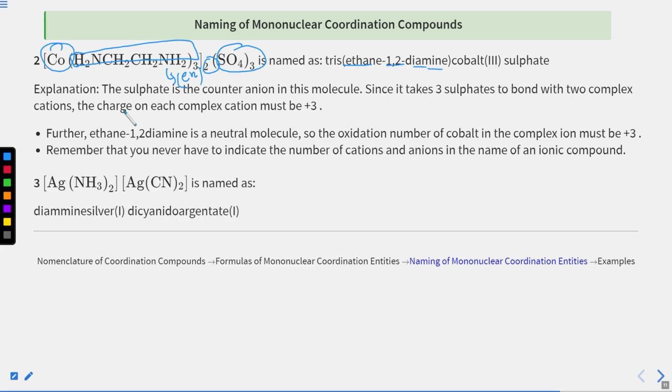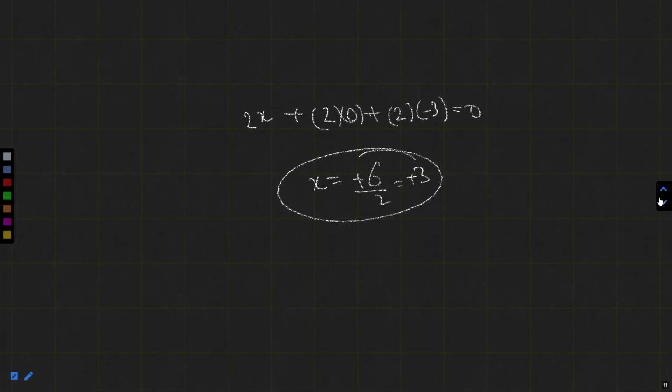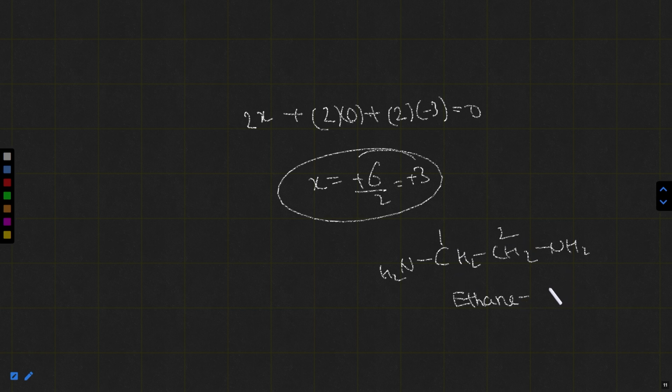What will be the name of this? So we have seen the complex, the ligand looks like this. We have 2 CH2 and NH2 on both sides. If you write the IUPAC nomenclature, then 2 carbons, so therefore ethane. And at first and second carbon, we have 2 amine groups.